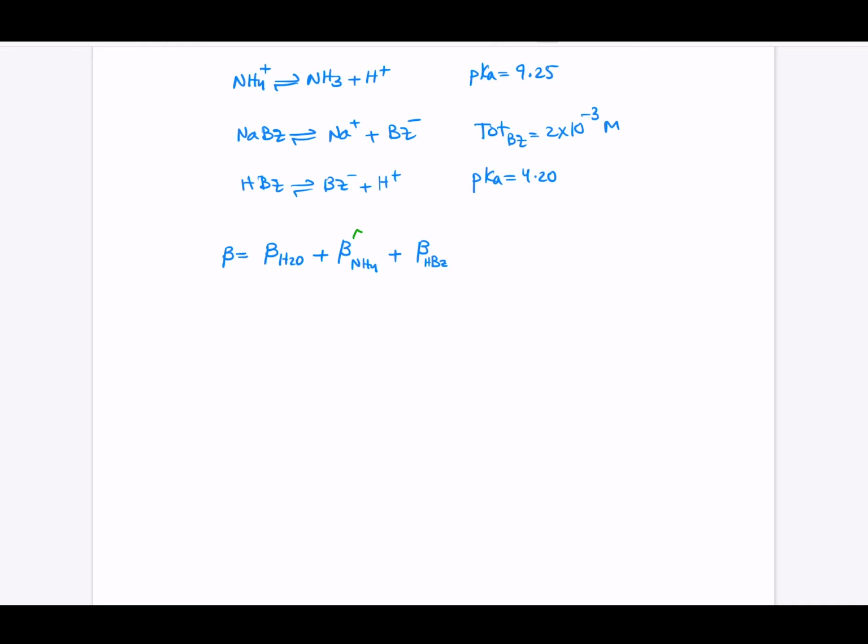Combined together, this is the buffer intensity of the acids, and the first one is the buffer intensity of water. So we have the concentration, we have the pKa, and we have the pH. The rest would be pretty straightforward in terms of calculation. So what is it for water? The description?